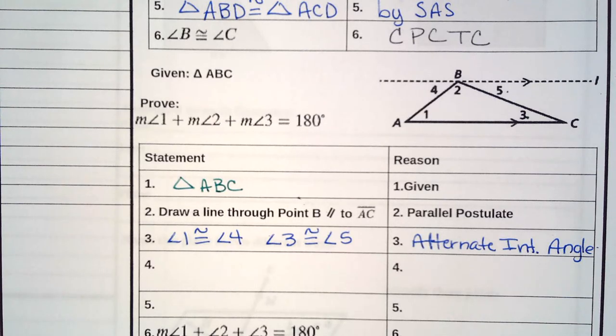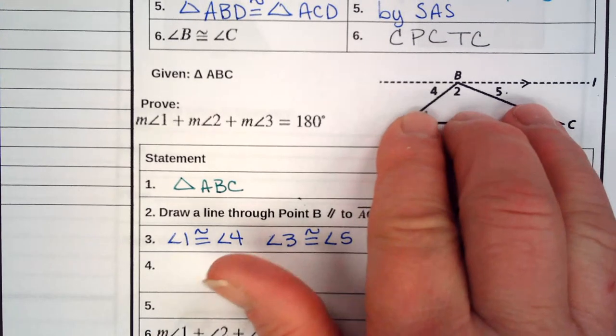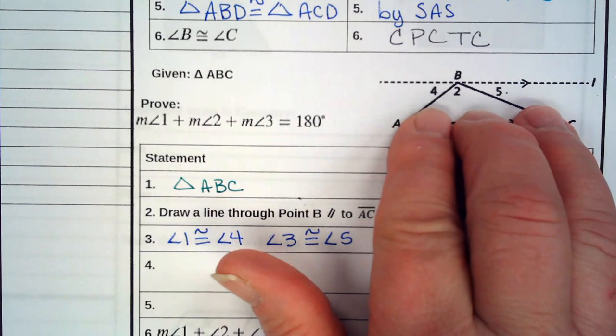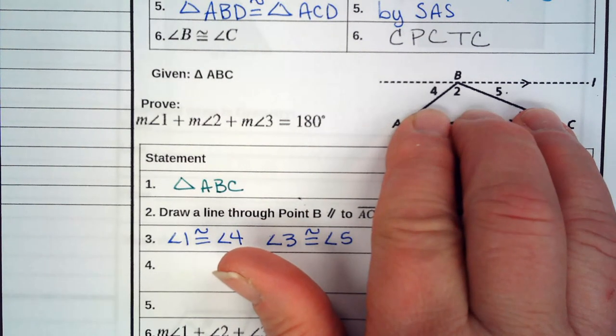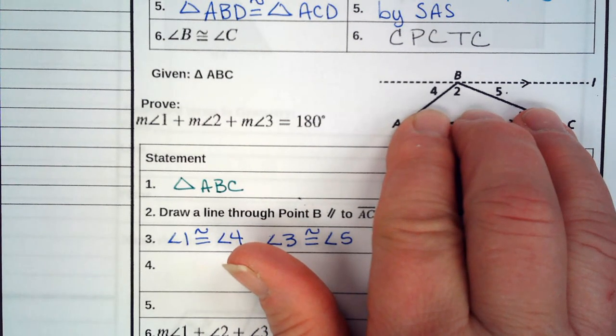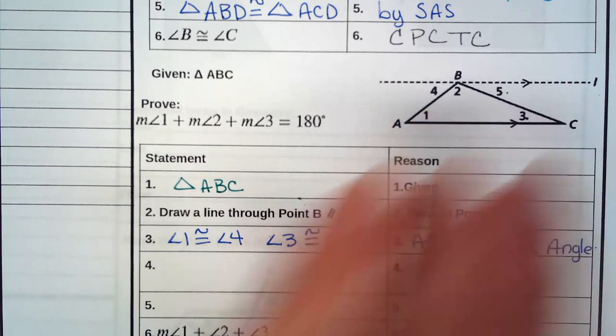Okay, now, what else do we know? Remember, we're wanting that 180 degrees. So if I cover this up and just look at the top piece, those three angles create what? They create a straight line.